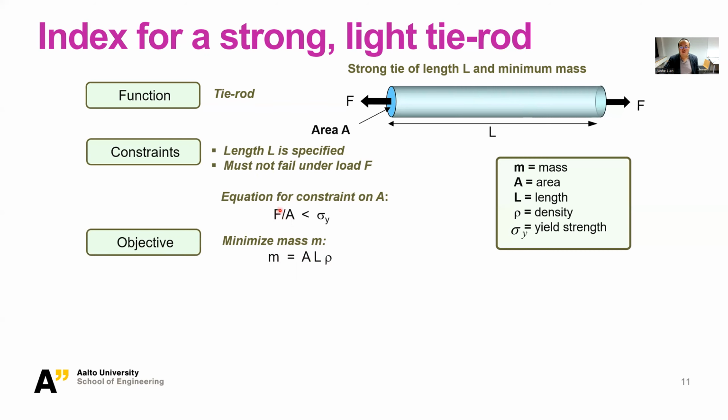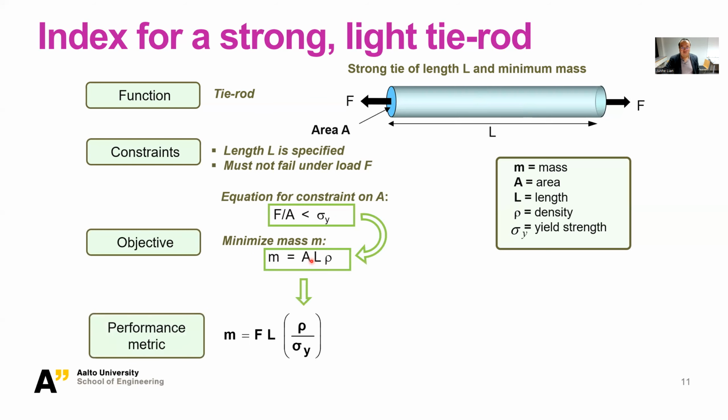If you now take the A from this constraint equation into our objective equation, you can easily see we will have the minimized quantity M written in such a way. Here M is equal to F times L times rho over sigma y.